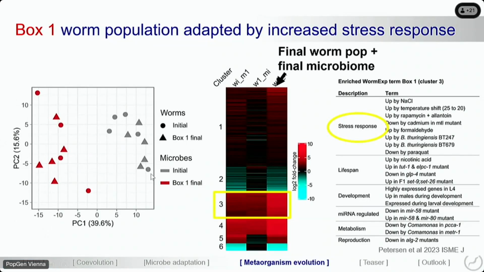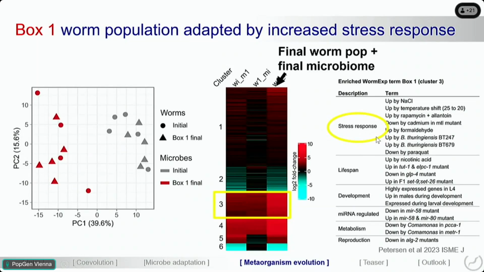So for the transcriptomic analysis, we again had all different combinations of adapted microbes, adapted worms. And to again cut a very long story short, the combination of adapted worms and adapted microbes led to an increased stress response, and a very specific stress response where only certain stress pathways were upregulated.